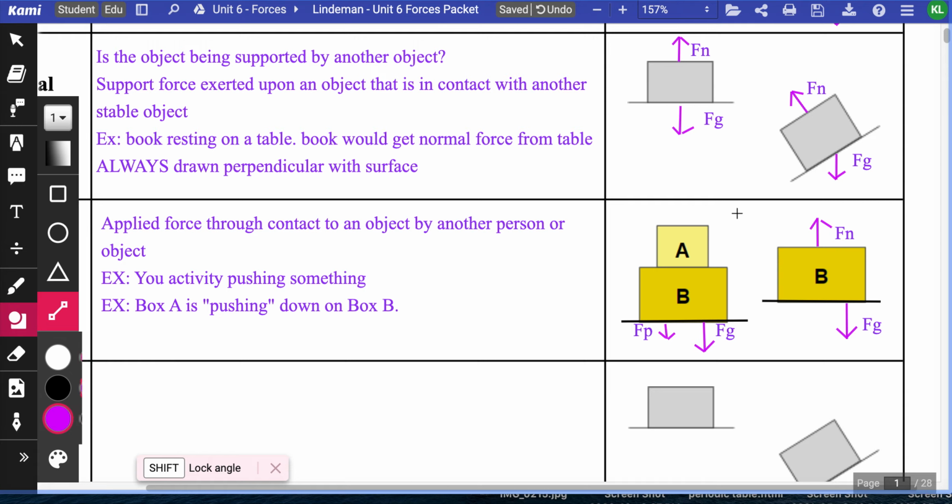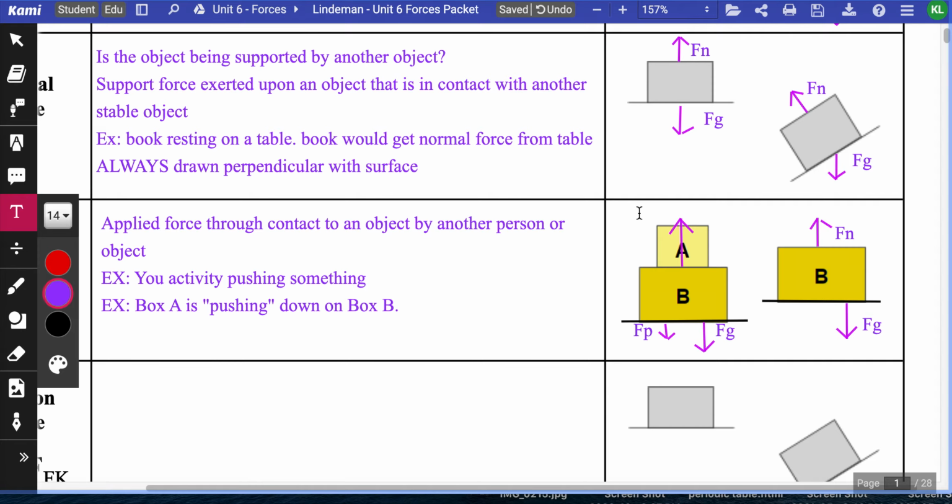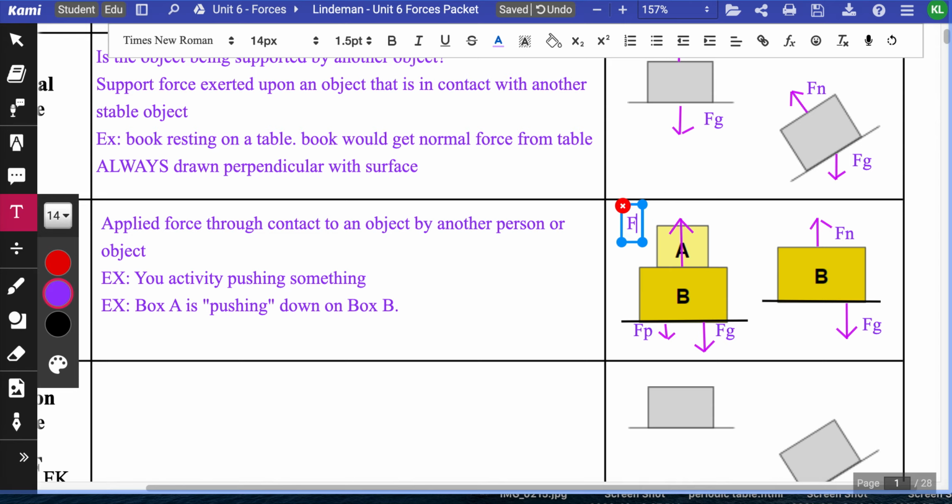So we have to accommodate for that in our Fn. So our Fn here is much larger. And we're going to see this in a couple of different examples. But what ends up happening is Fp plus Fg are going to be equal to Fn. Okay?